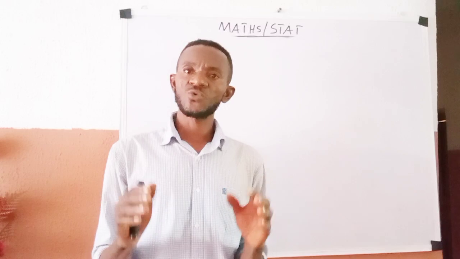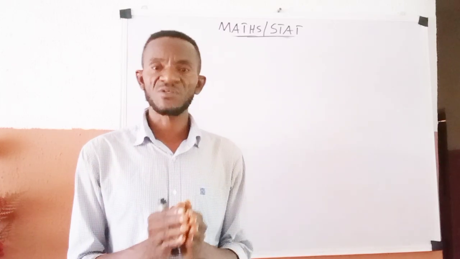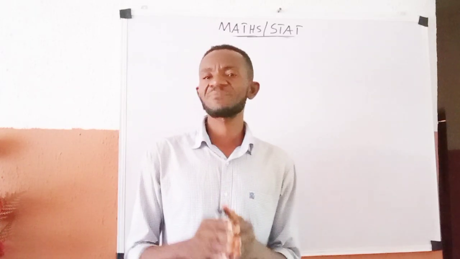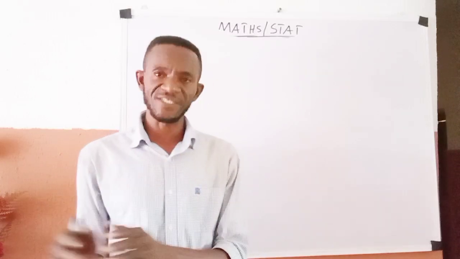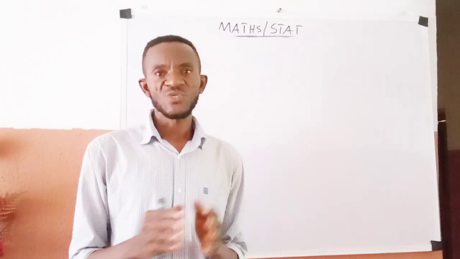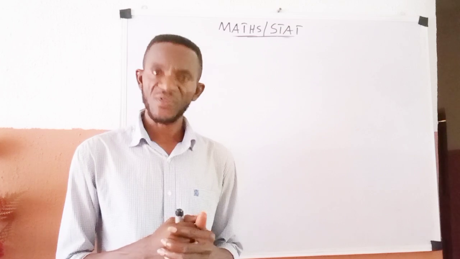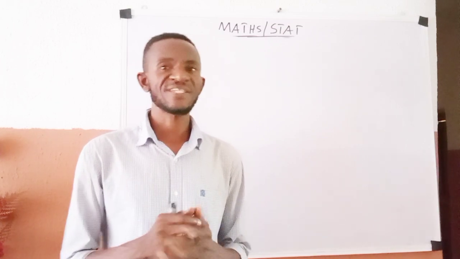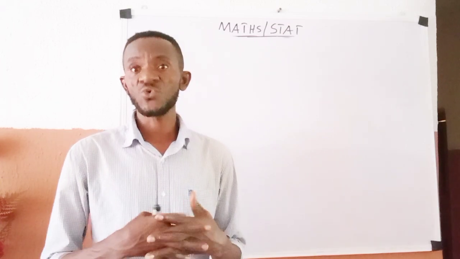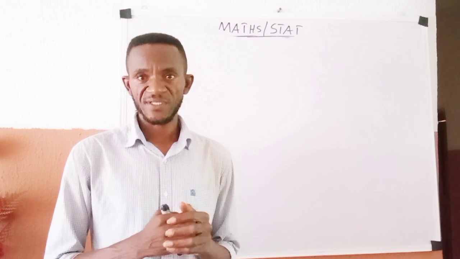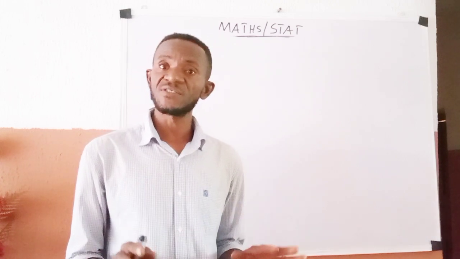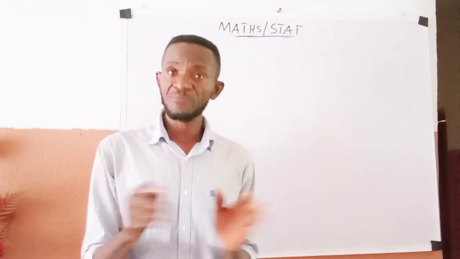We equally looked at what we call the three basic Pythagorean identities. And today we want to begin to solve problems under trigonometry with you in a way that, at the end, surely you will have something to go home with. So what we have today is just solving problems.